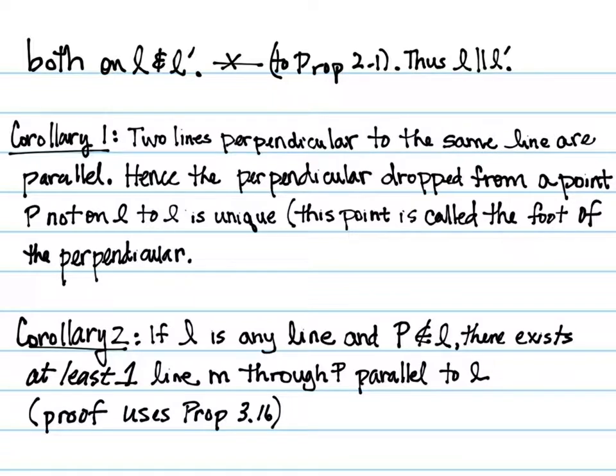So what do you notice from all this? What does this last corollary tell us about these different parallel postulates that we have learned about? How many do we start with, Hannah? Oh, we started with 3. So there are 2 that are possible. Which one's not? Which one fails corollary 2?